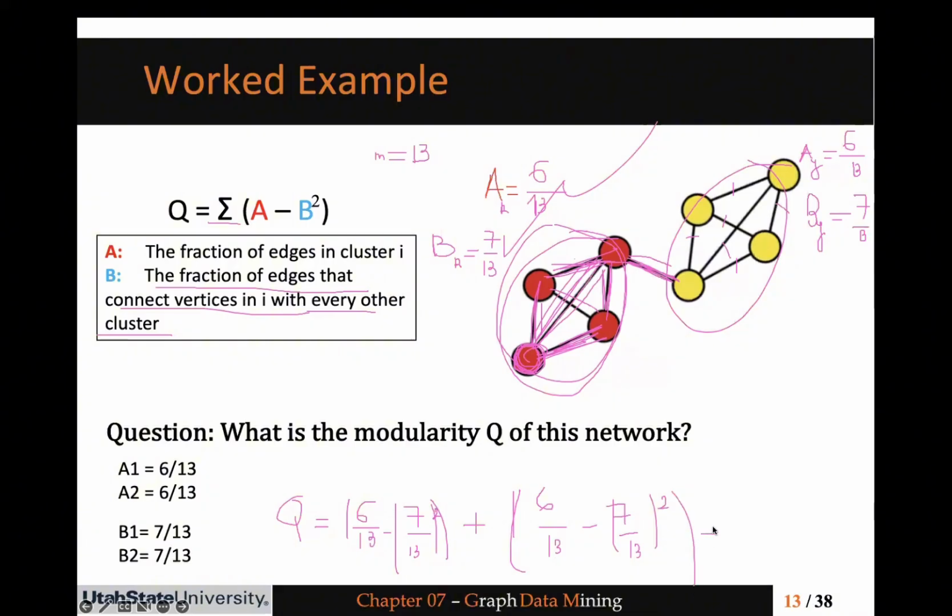So if you compute this ratio here, in theory, you should have some really nice number, which is significant, because visually, with the naked eye, we could clearly see that red and yellow having two communities makes a lot of sense for us from the slide. So if you do the math, I think it should be around 0.33, right?